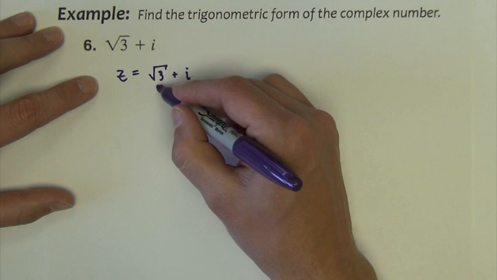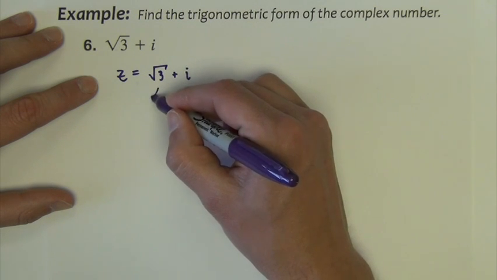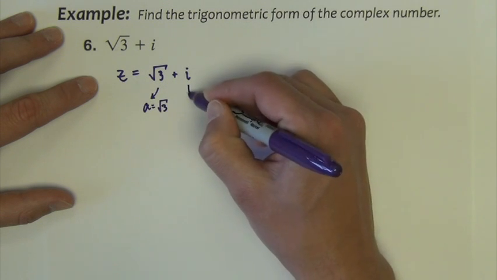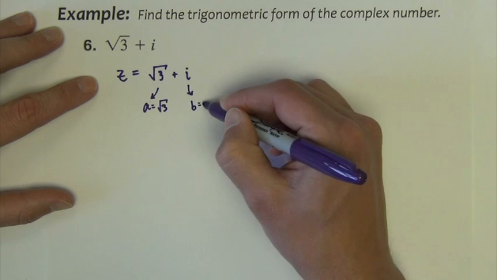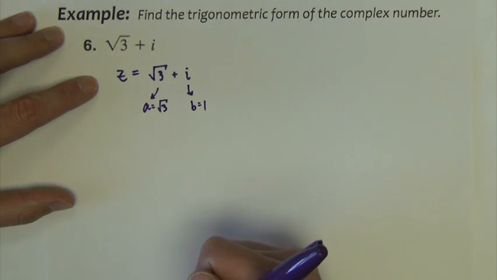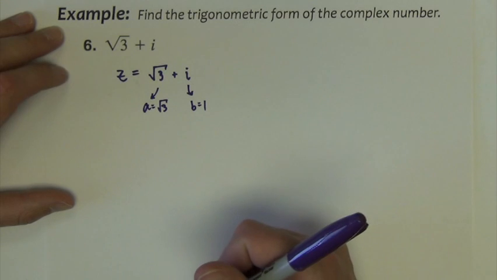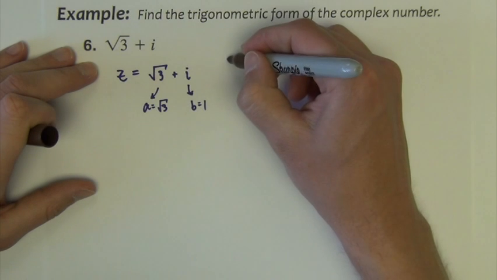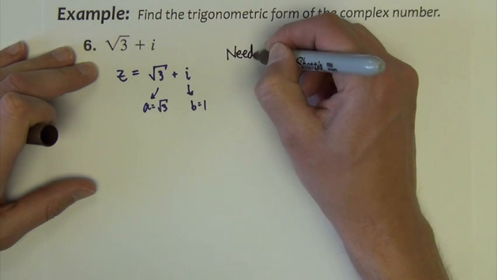And if we're of the form a plus bi, then that means that the a is square root of 3 and the b is 1, as it's 1i. Now let's find what we need first. We need two things.